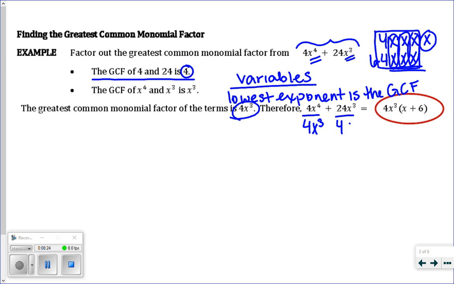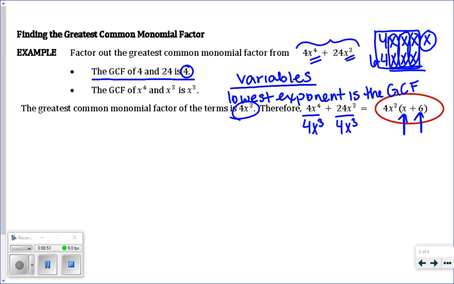So if I divide each one of those and yank that out and put it in front, what am I left with? If I divide the first term by 4x to the third, the 4's cancel, and x to the fourth over x to the third is just x. That's why we have just an x right there. In the second term, 24 divided by 4 is 6, and x to the third divided by itself cancels, so I'm just left with a 6.